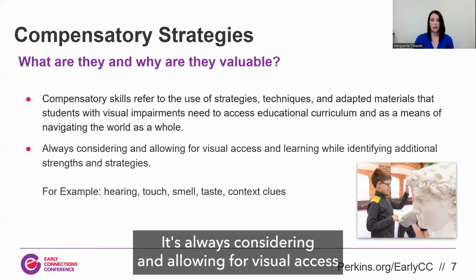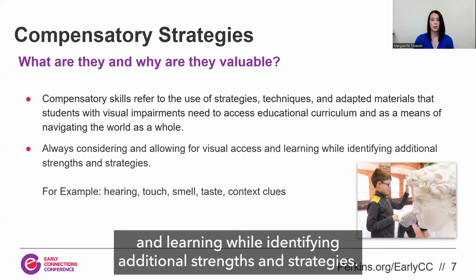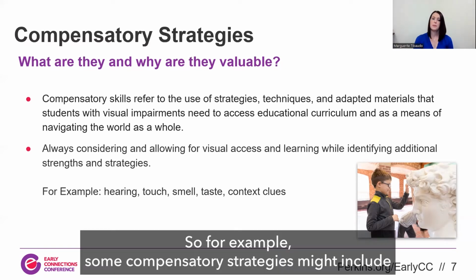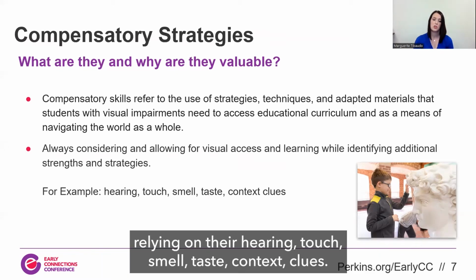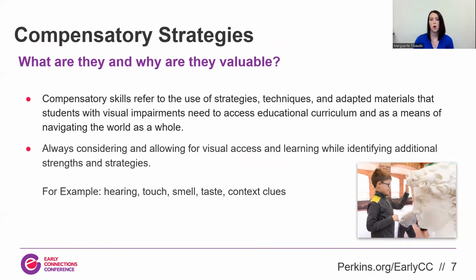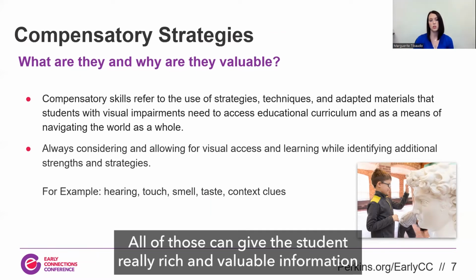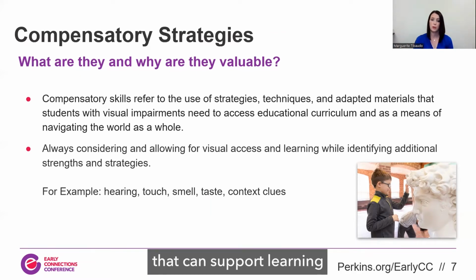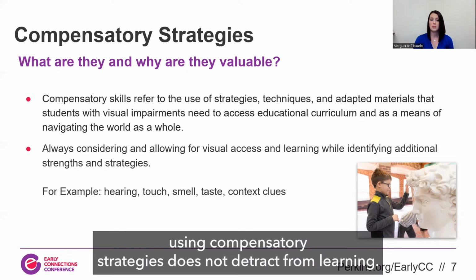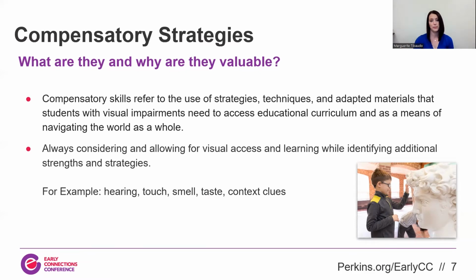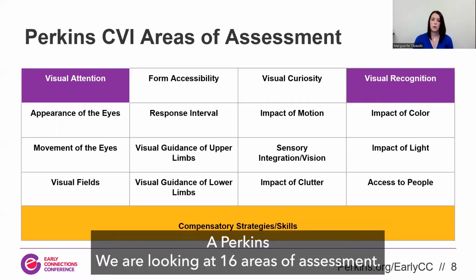It's always considering and allowing for visual access and learning while identifying additional strengths and strategies. For example, some compensatory strategies might include relying on their hearing, touch, smell, taste, context clues. All of this can give the student really rich and valuable information that can support learning. Using compensatory strategies does not detract from learning. At Perkins, we're looking at 16 areas of assessment.